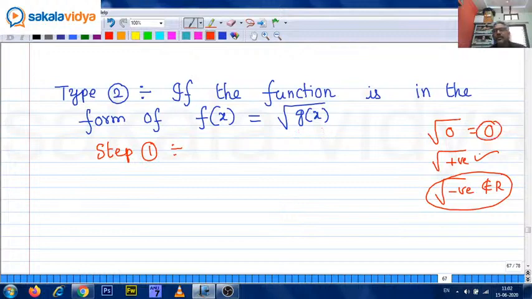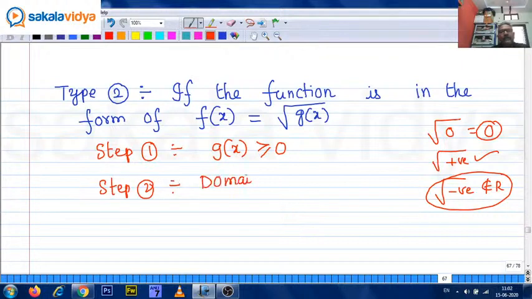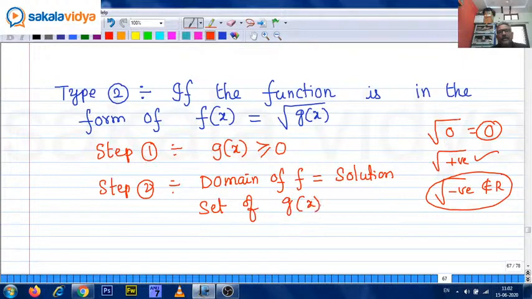It may be 0, it may be positive. That's why we need to solve this inequation g of x greater than or equal to 0. Step 2: domain of f equals the solution set of g of x greater than or equal to 0.